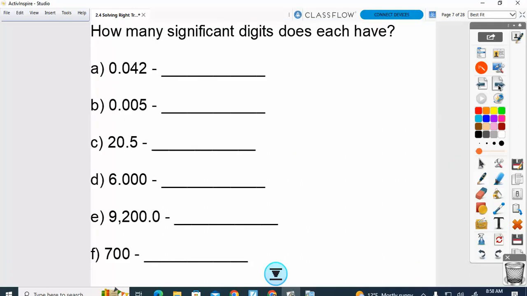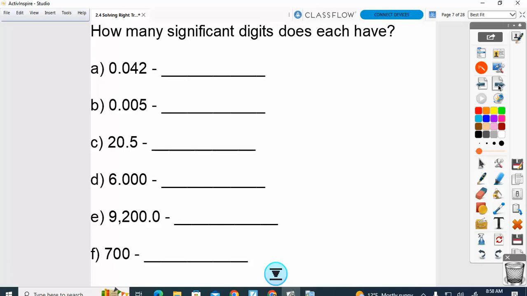So if I'm looking at this one, look at the definition you just wrote down. We start where? On the left. And we begin with what? The first non-zero digit on the left.